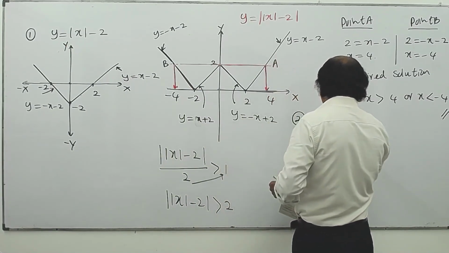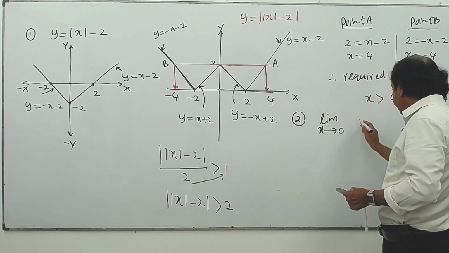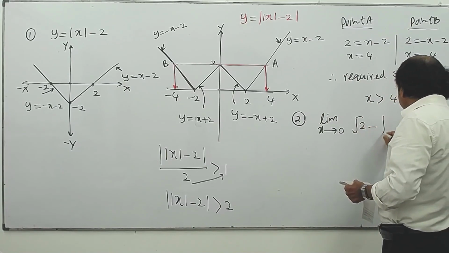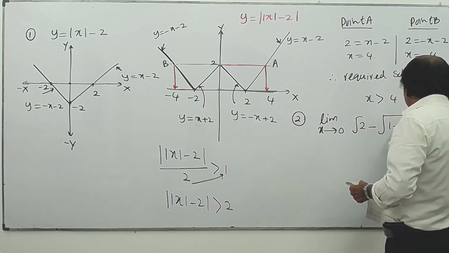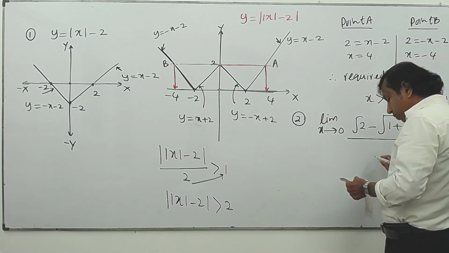Limit x tends to 0, root 2 minus square root of 1 plus cos 6x, divided by sin squared x.